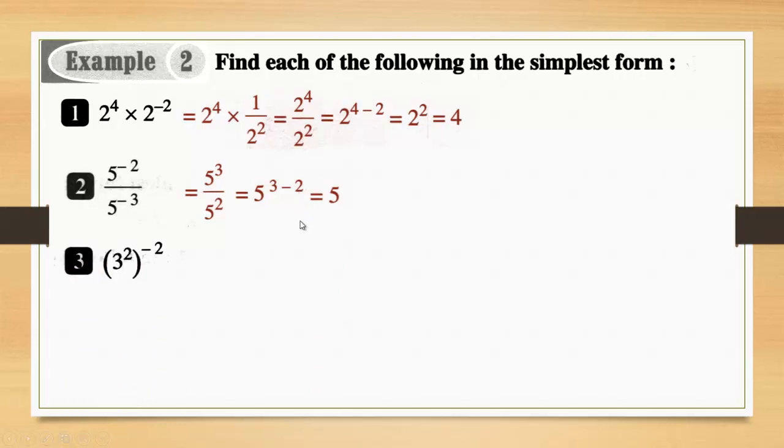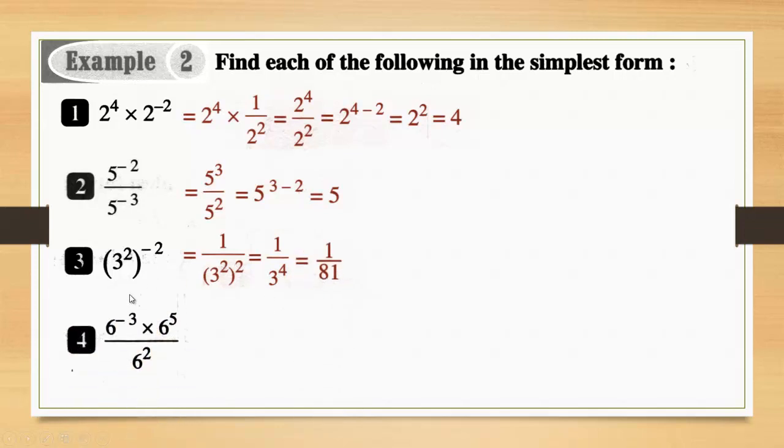Example number 3, 3 power 2 all power negative 2. We agreed that when we have two powers with a bracket, we multiply these two powers. So the result equals 1 over 3 power 2 times 2, which is 1 over 3 power 4, and that equals 1 over 81.